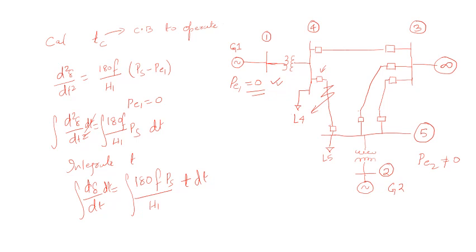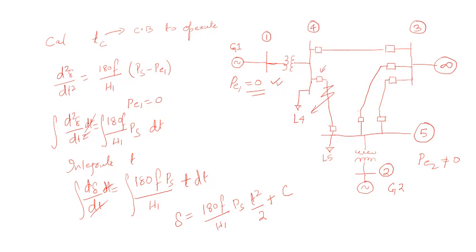The dt gets cancelled, and you will get delta equal to 180 f by H1 times Ps t square upon 2, plus, as it is an indefinite integral, a constant. This is a constant, an initial condition, whatever you want to call it.